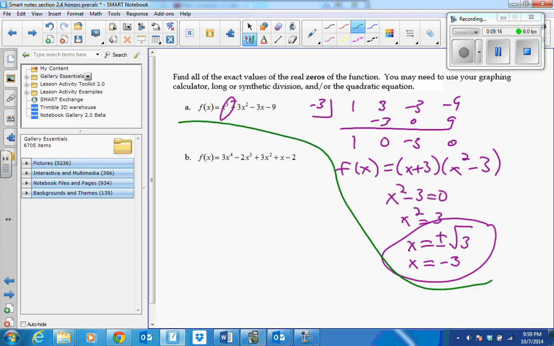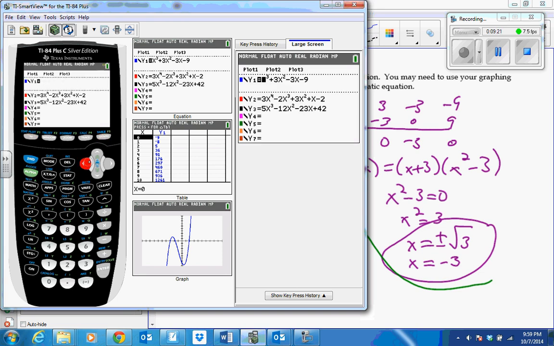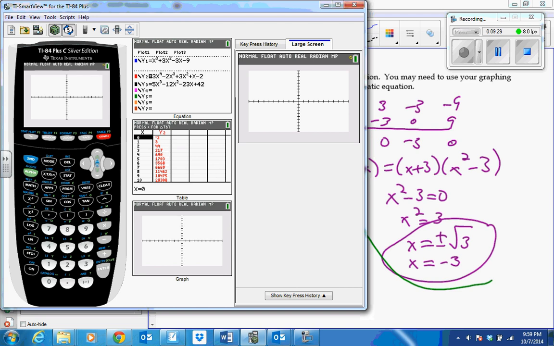And for this problem, we have it put into the calculator already. So I'm going to deselect this one and select this one. And let's look at the graph of it. Now this one's kind of ugly because none of these are pretty.